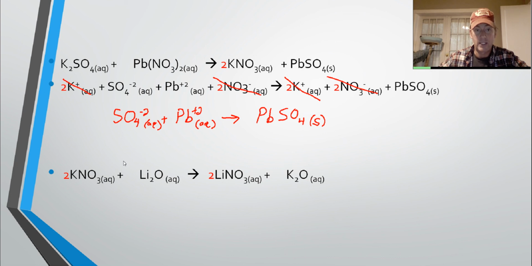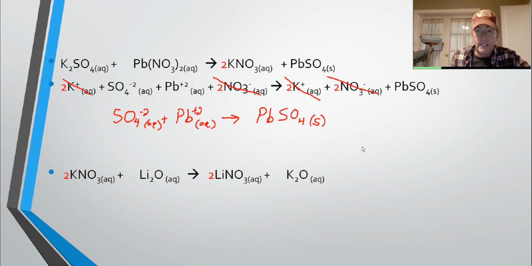Now, we have our double displacement reaction going on. And we see we have lithium nitrate. We're going to have a coefficient of 2 out front there to balance everything. And then we have K2O, so it takes 2 potassium, so we've got to have the 2 over there. That also makes the 2 nitrates like this.